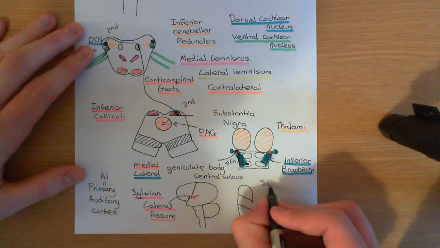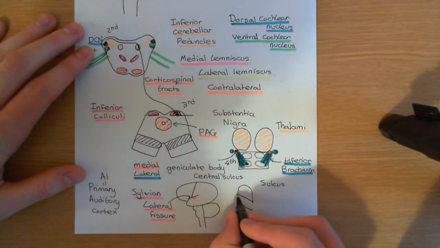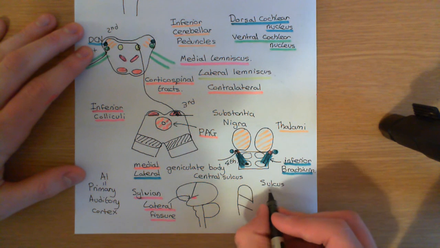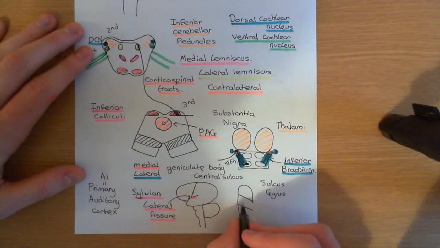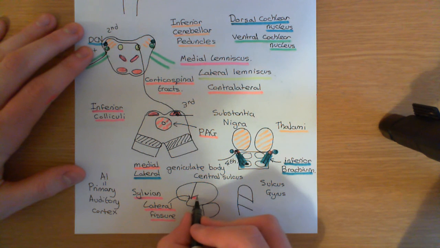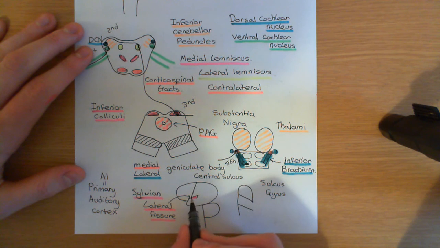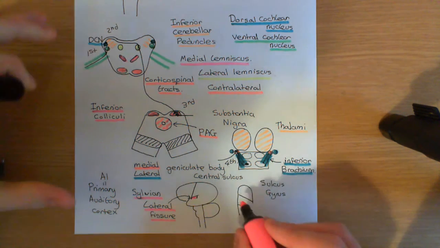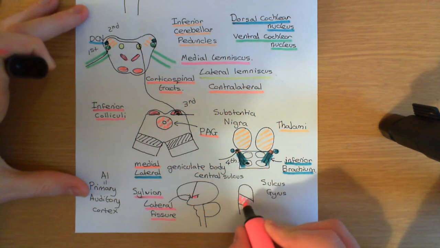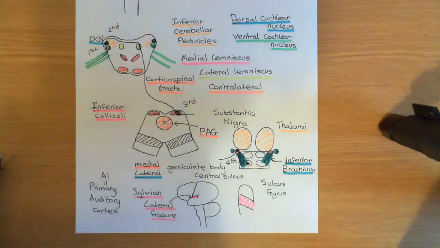So remember, a sulcus is a little invagination of the cortex inwards. A gyrus is then a portion in between two sulci. So there are two sulci, which I'll put in here on this picture, that are going to demarcate a gyrus there, and that gyrus is where the primary auditory cortex is, so it's all of this portion here.